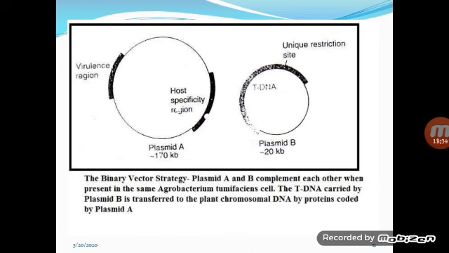Two vectors are present in Agrobacterium at the same time.